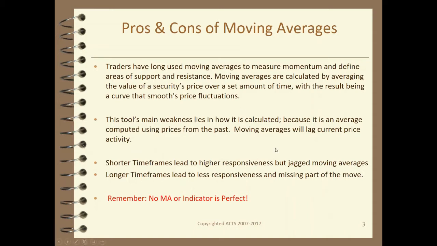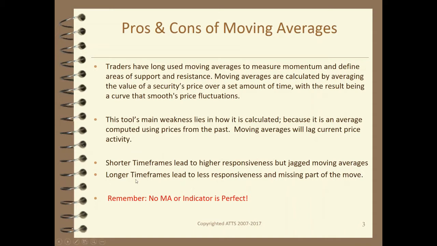The tool's main weakness lies in how it's calculated, because it is an average computed using prices from the past. Moving averages will tend to lag current price activity. You can try to overcome this by going to a shorter time frame moving average for higher responsiveness, but that tends to provide jagged moving average moves and a lot of whipsaw.